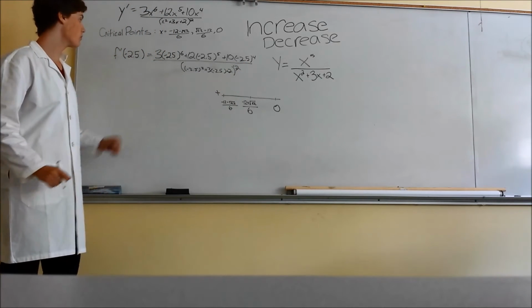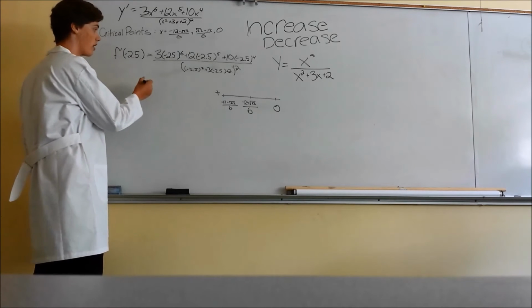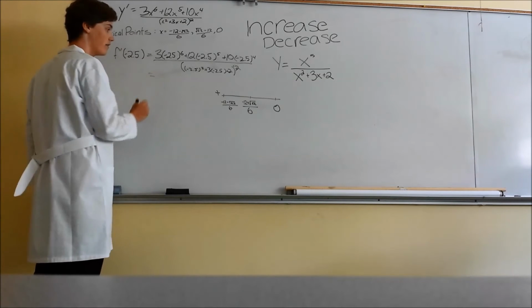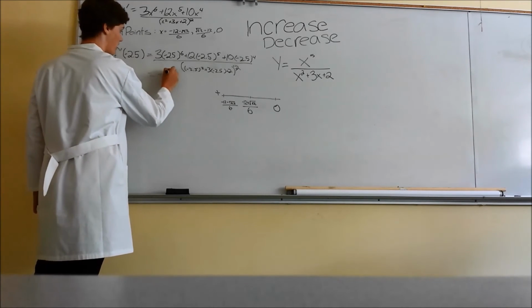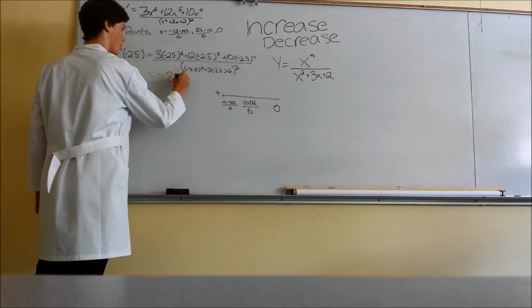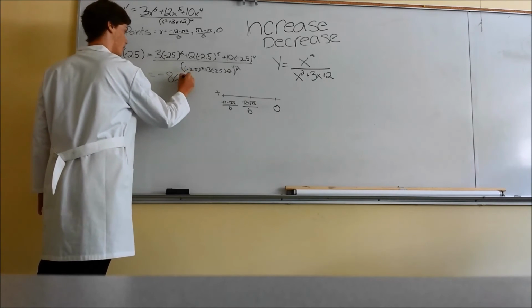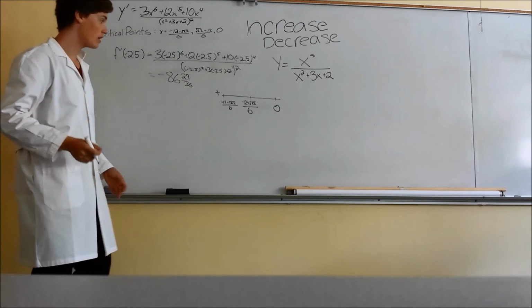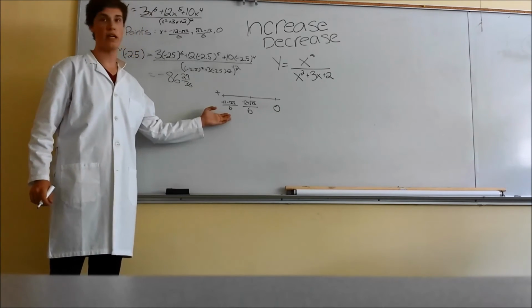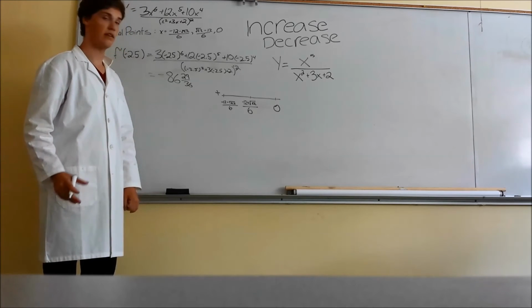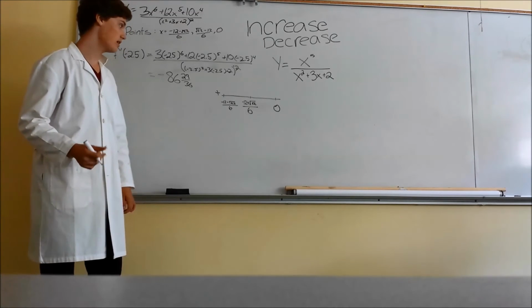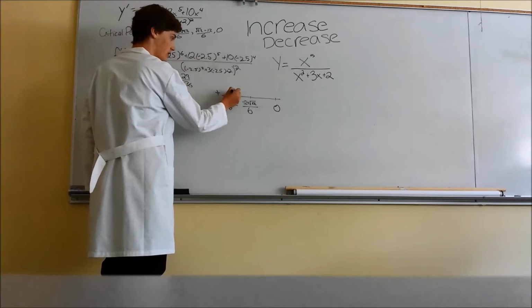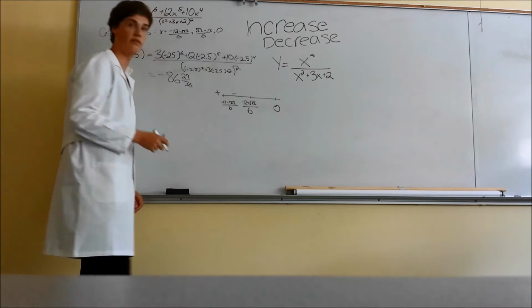We simplify this equation and determine that f prime of negative 2.5 is equal to negative 86 and 29 over 36. This means that between our critical points of negative 12 minus root 22 over 6 and negative 12 plus root 22 over 6, our graph is decreasing because the derivative is negative.